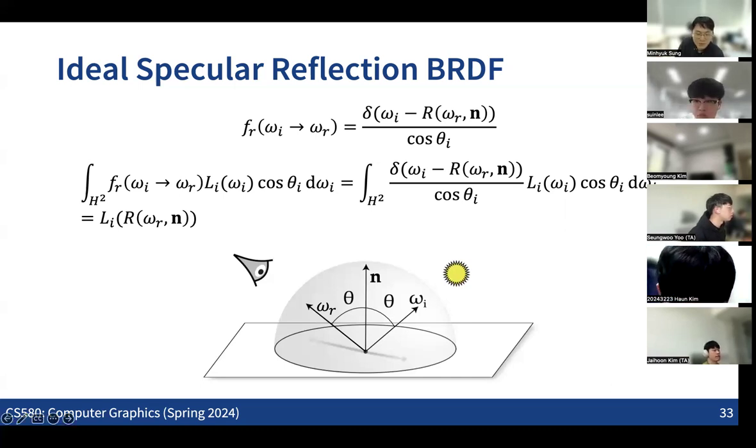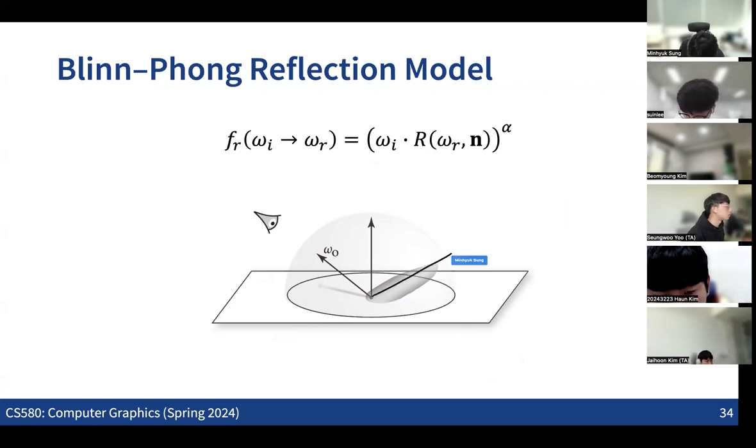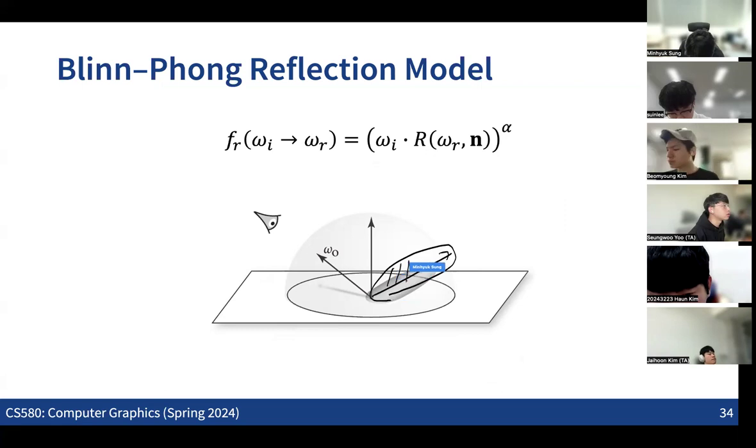Obviously, in many real cases, it's hard to assume that we have perfect specular reflection. We're going to see glossy reflection, where we are not exactly shooting the ray in the opposite direction, but have some distribution near this opposite direction, right?